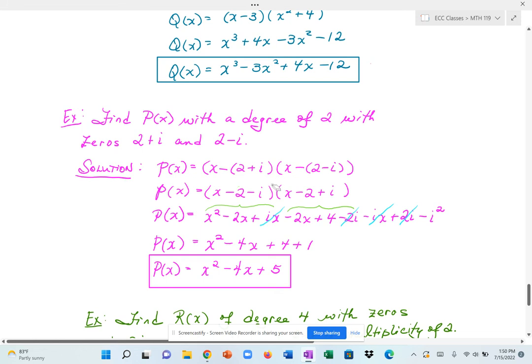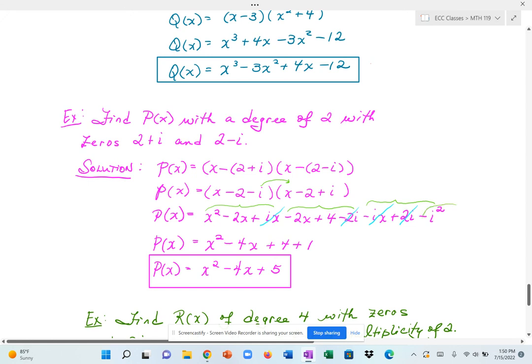And then I have to distribute the minus i across those 3, and that gives me minus ix plus 2i minus i squared. Several things cancel and they are slashed in blue, so they no longer appear on the next line.